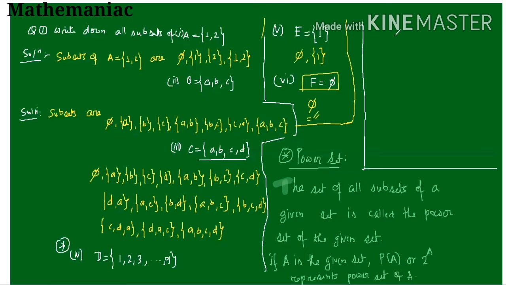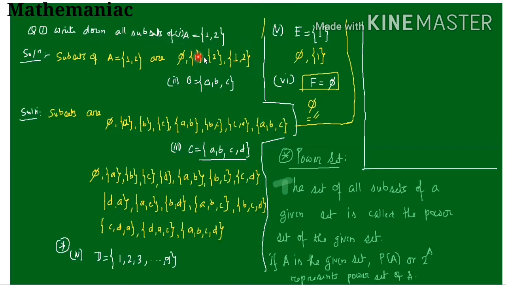So now here I'd like to just say something. Just you try to see where I am highlighting. In this question, I am asking you to write down the subsets of this set. So we have written like this. So here the only difference is that when I write the subsets, I did not write them in the form of a set.